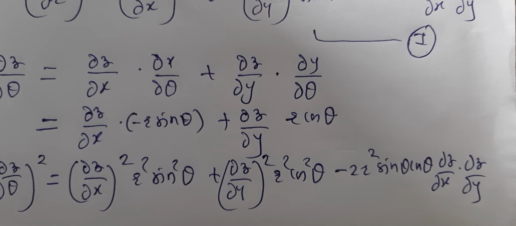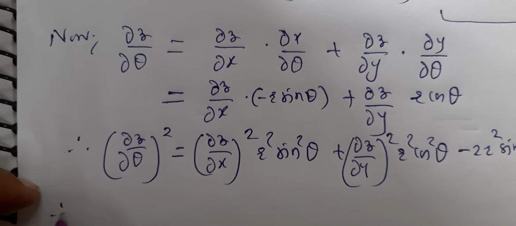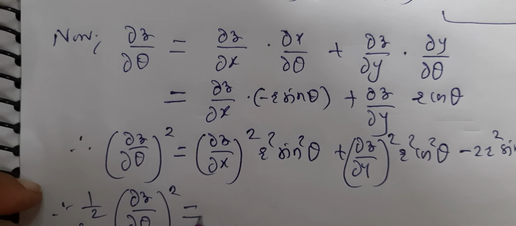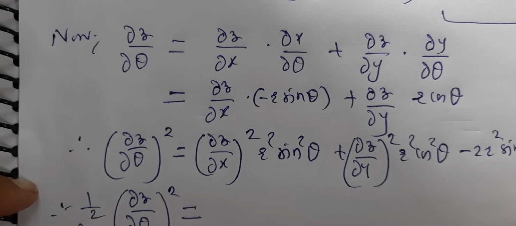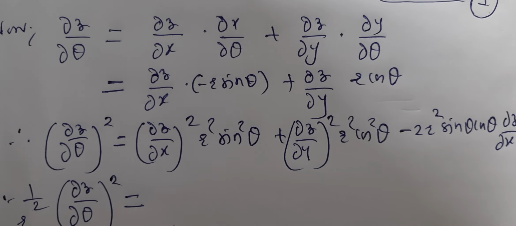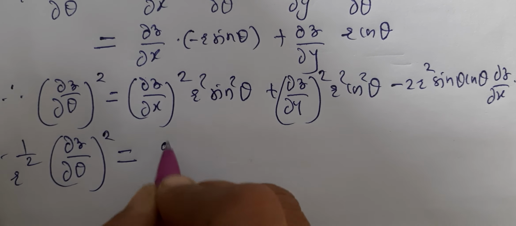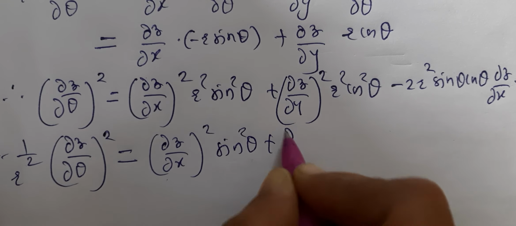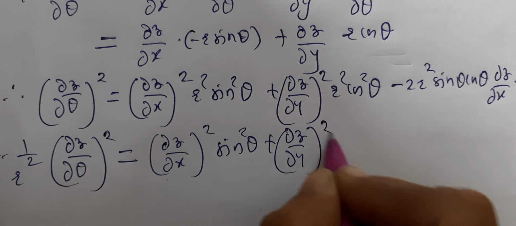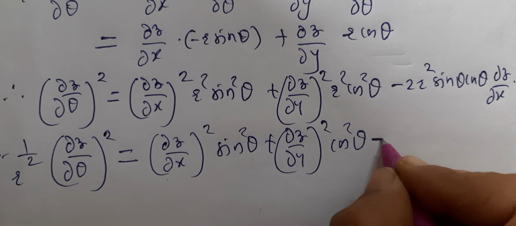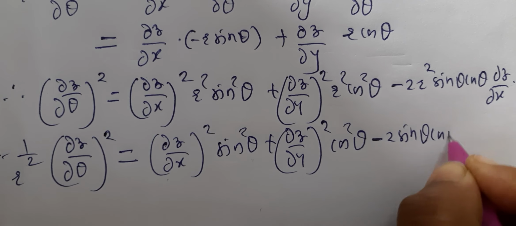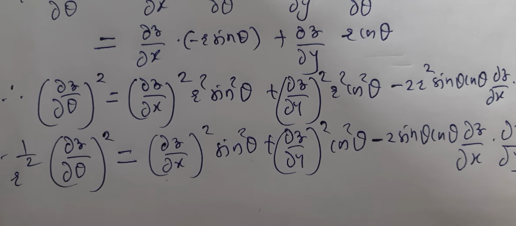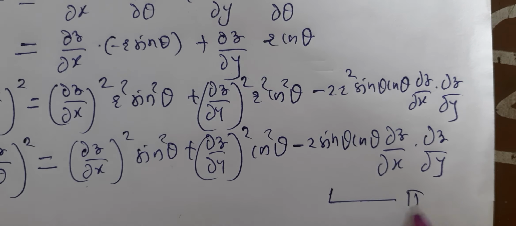This is just (a minus b) whole square I have used. Now what we want is 1 by r square (∂z/∂theta) whole square. You can see r square is cancelled from every term, and what we are going to get is (∂z/∂x) whole square sin square theta plus (∂z/∂y) whole square cos square theta minus 2 sin theta cos theta ∂z/∂x into ∂z/∂y. This is my number 2.